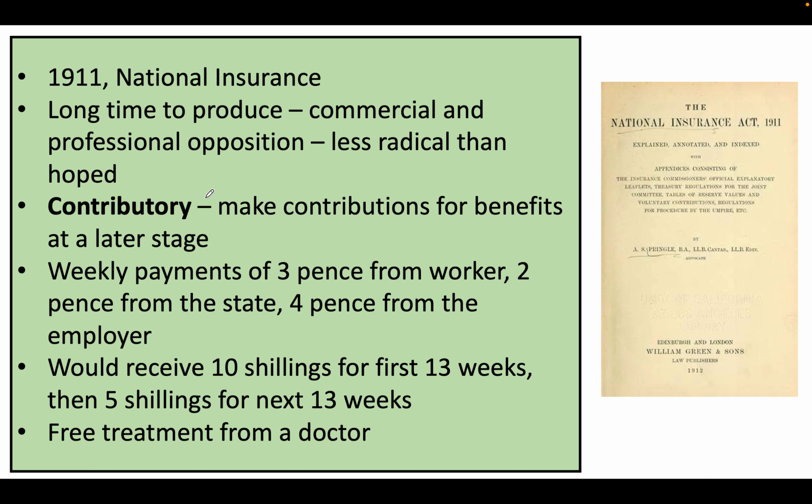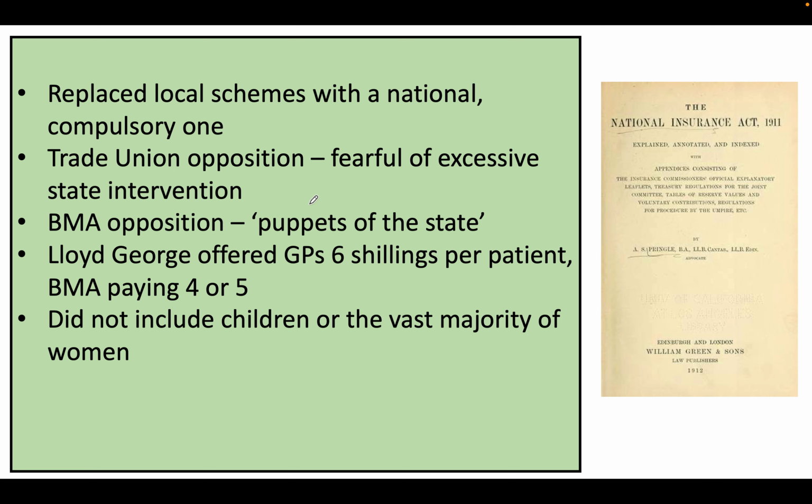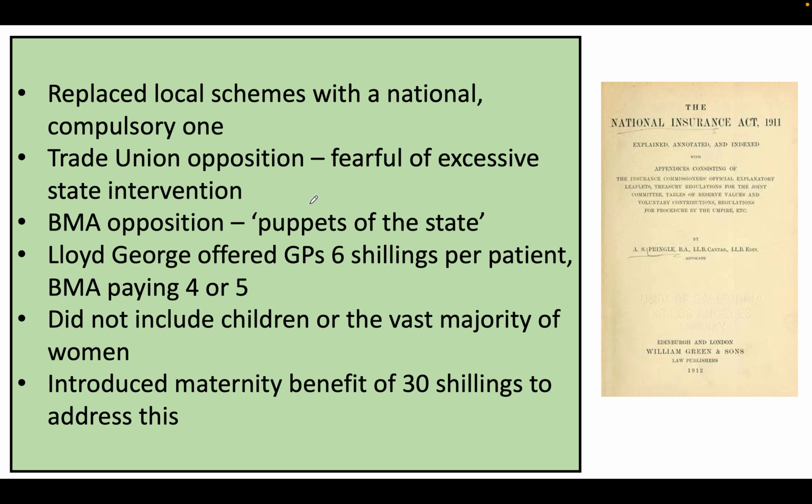So basically, national insurance is problematic because you do actually have to pay into it, which the trade unions see as wage theft. So the unions do not support contributory social reform. The BMA, the British Medical Association, also oppose it because they don't want their doctors to be considered puppets of the state.